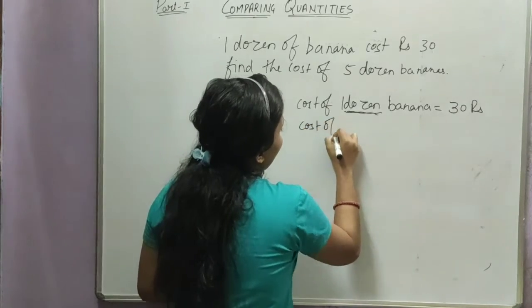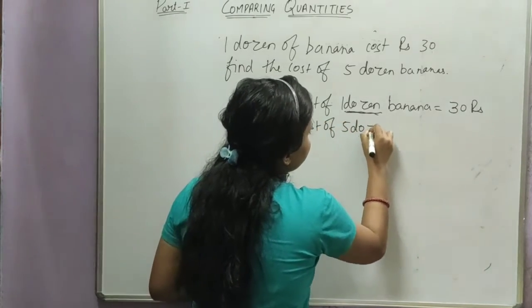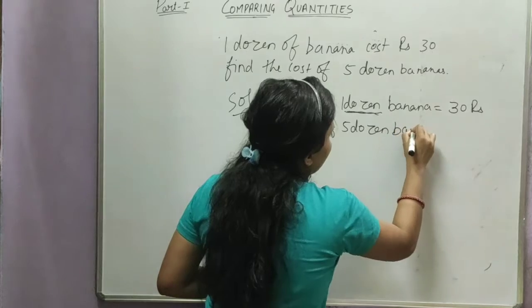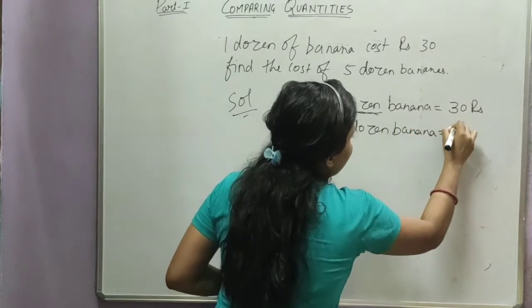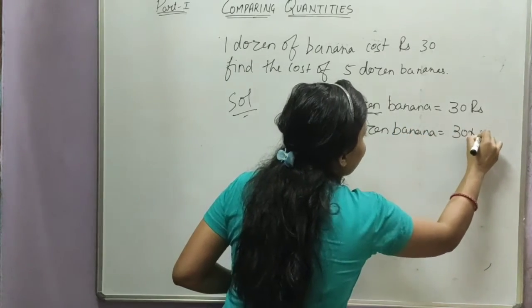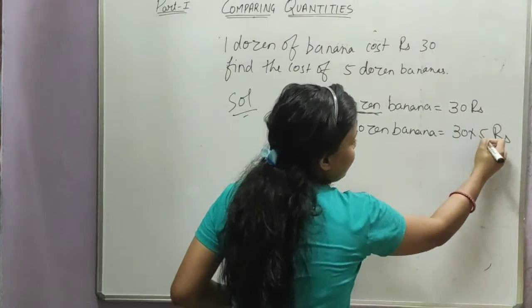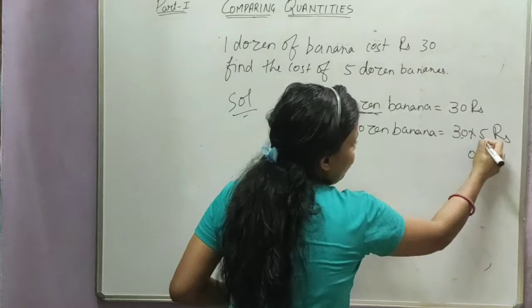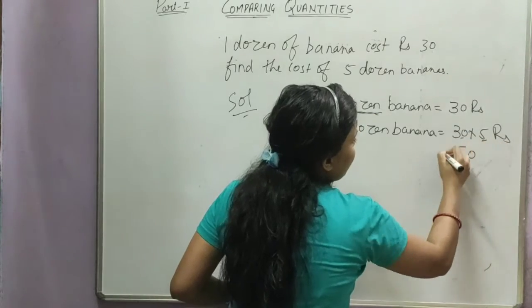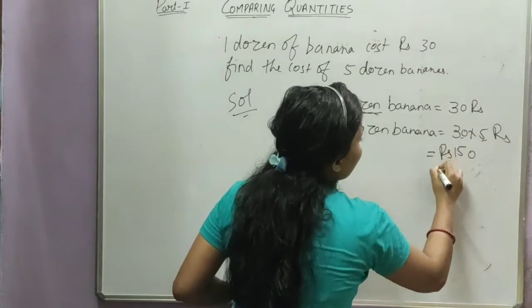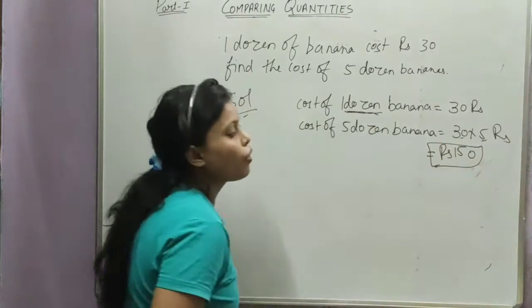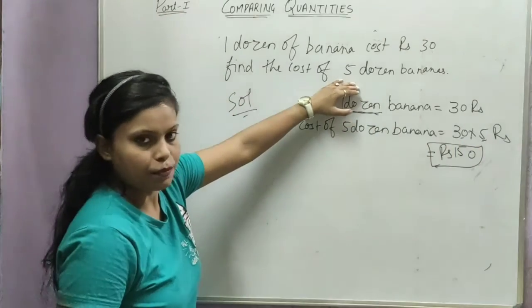Cost of 5 dozen bananas will be 30 multiply 5 rupees. Okay. So let's multiply. 5 zeros are 0. 5 threes are 15. So 150 rupees will be the cost of 5 dozen bananas. Okay.